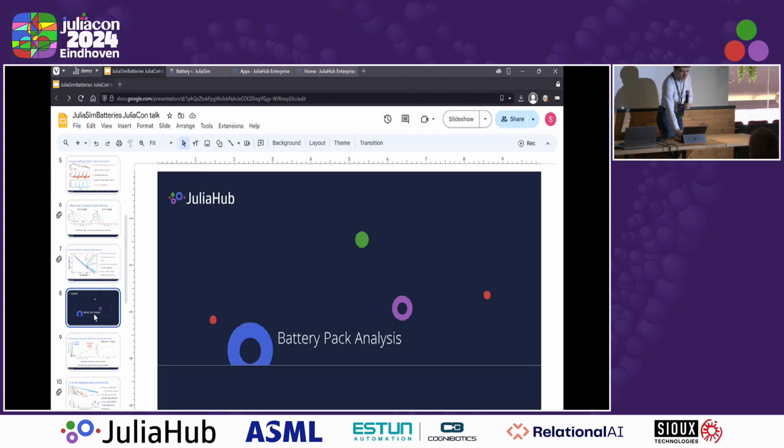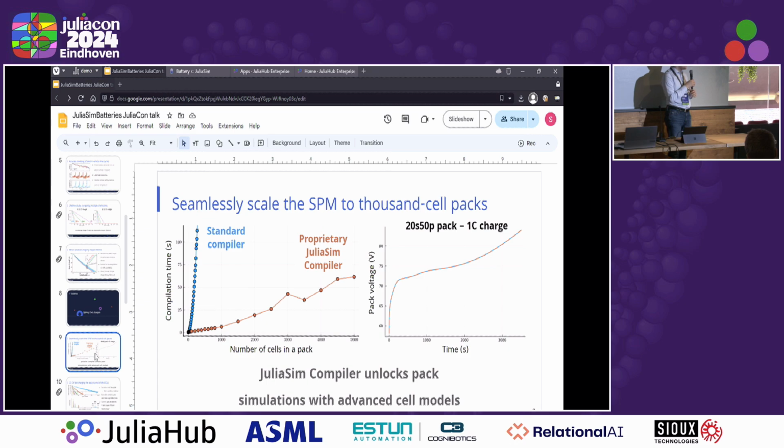Okay, so now let's go to battery pack analysis. As I was saying, the aim for JuliaSim batteries is to bring accurate electrochemical models to the pack level so that you can also scale these very precise models to large battery packs. And here the technology that enables us to do this is the JuliaSim compiler.